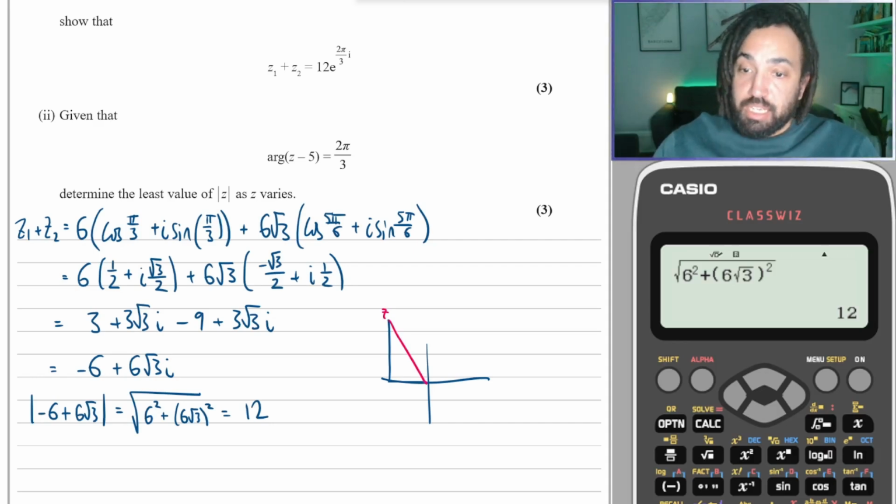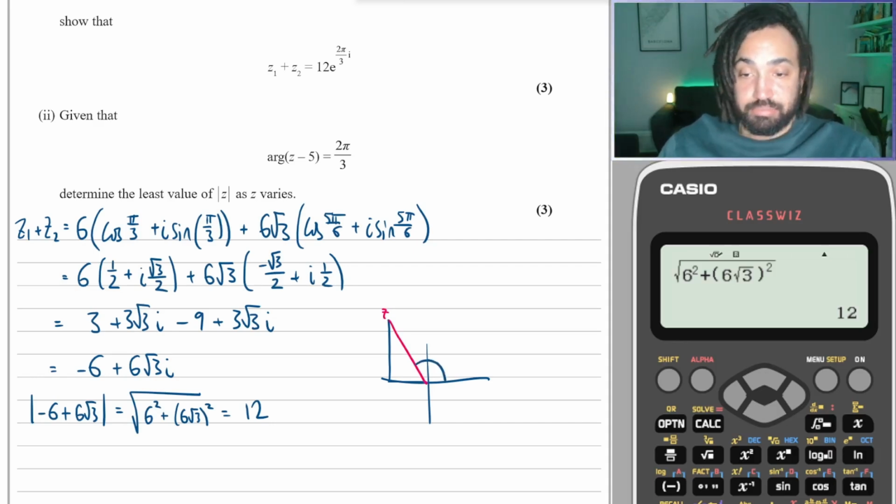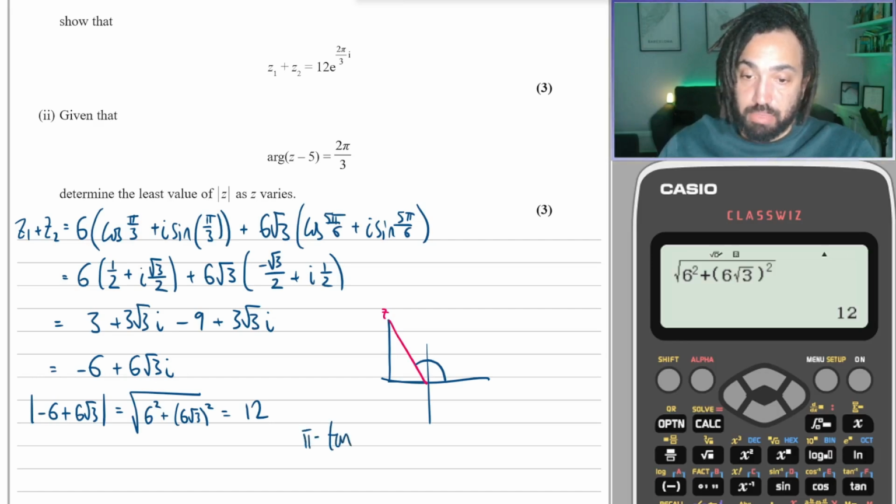So what we need is this angle in here. So we do pi minus tan to the minus 1 of the opposite, which is 6 root 3, over the adjacent, which is 6.